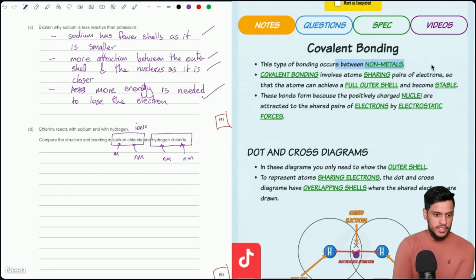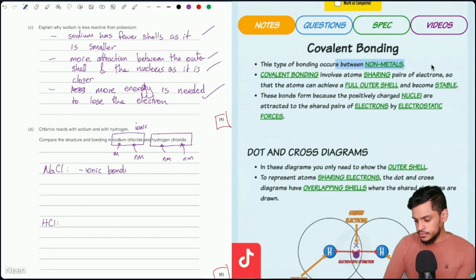So we need to describe the differences between the two. So what are some of the things we can say? So let me do 2 paragraphs here. For sodium chloride and then for hydrogen chloride. So first thing we can say is it's ionic bonding. Hydrogen chloride is covalent bonding.